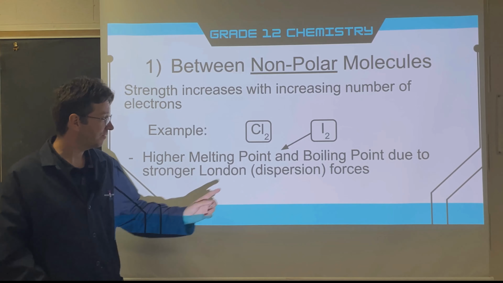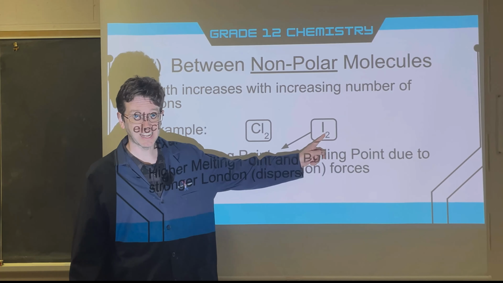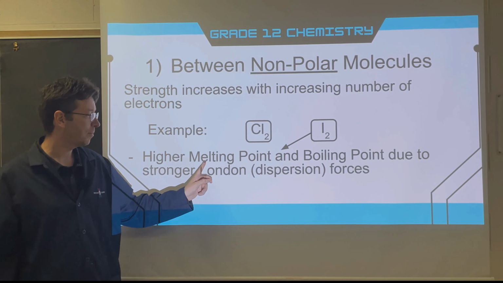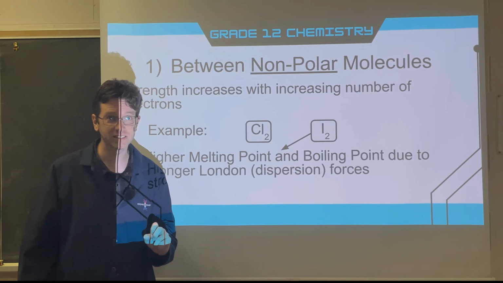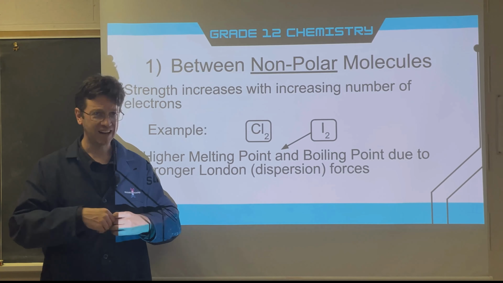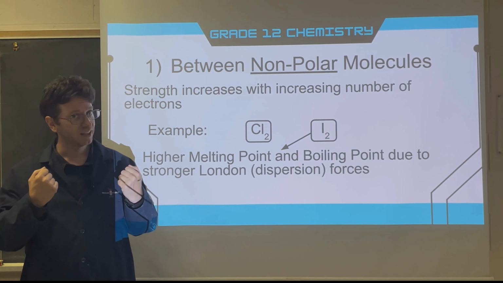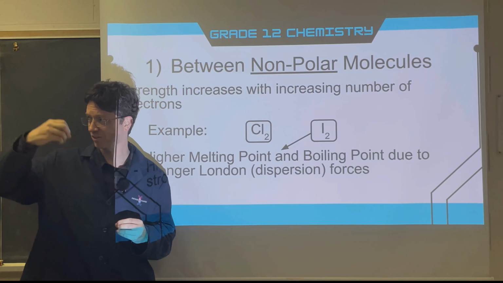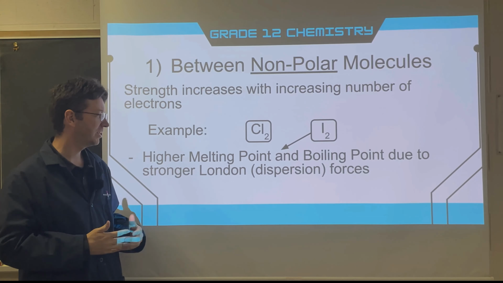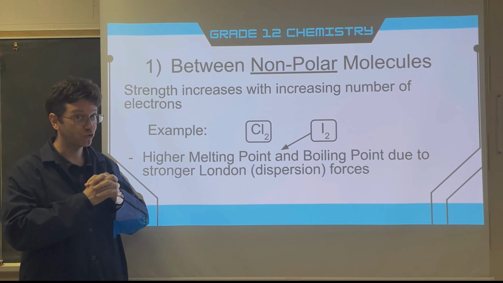Because of that, iodine has stronger forces than chlorine and therefore higher melting and boiling points. If you wanted to take iodine and boil it, you need to break apart these intermolecular forces so that it's free as a gas. To do that will require more energy if those forces are stronger.